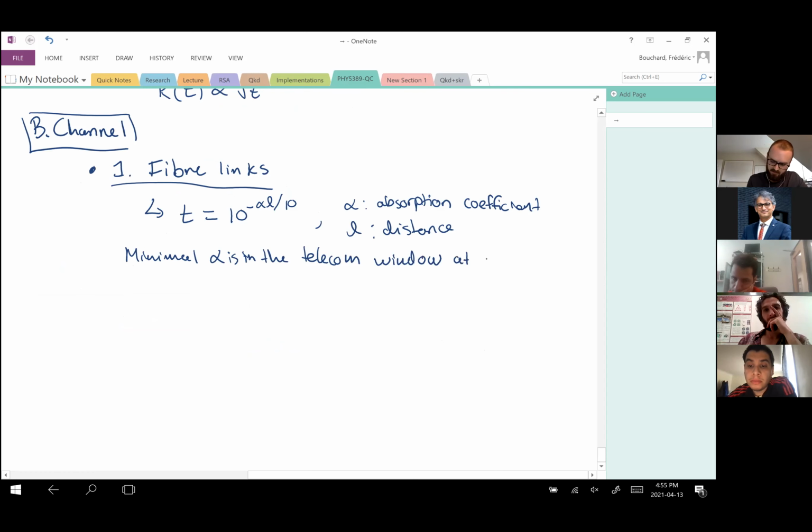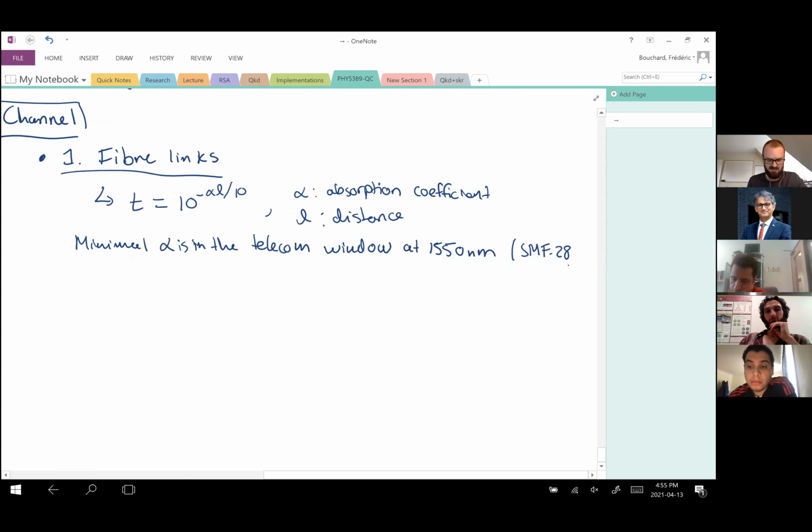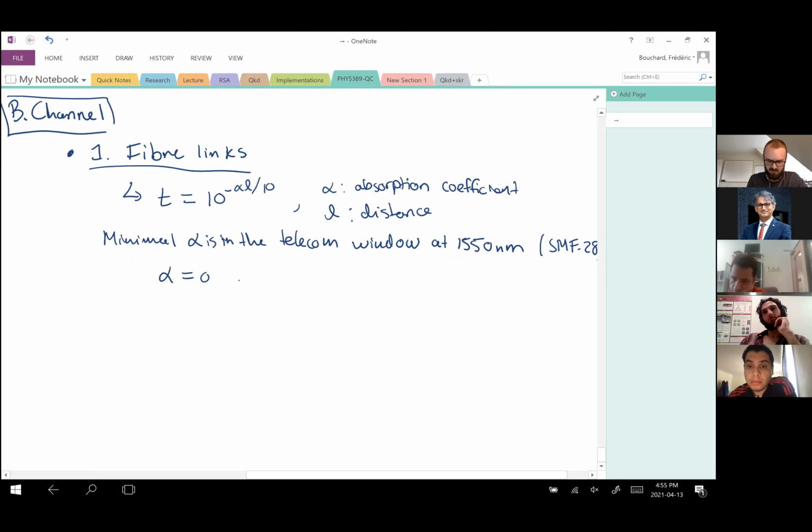And if there is anybody here working with fibers, it's the SMF28. With that, you get something like 0.2 dB per kilometer. Okay. If you do the math, that means, well, okay, no, let's come back at the end.